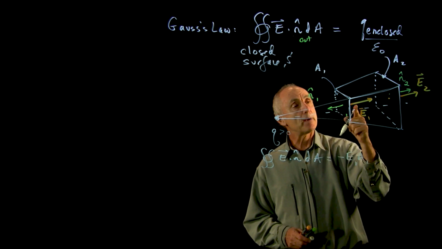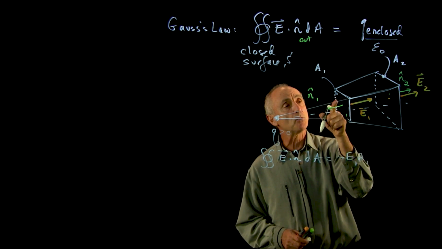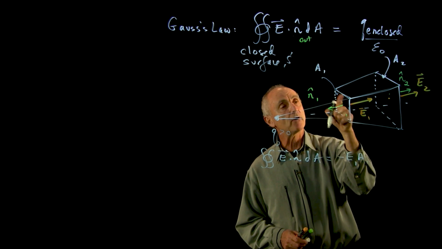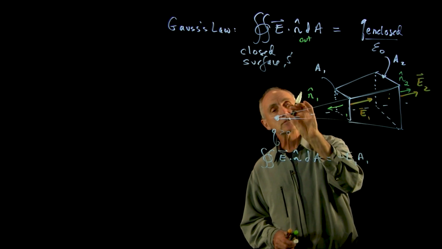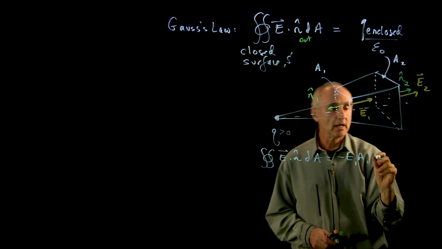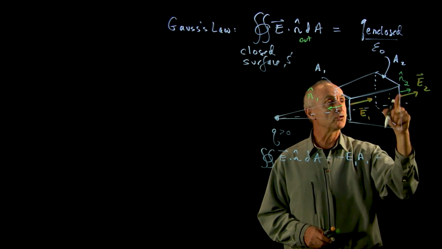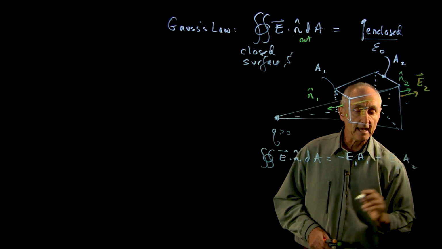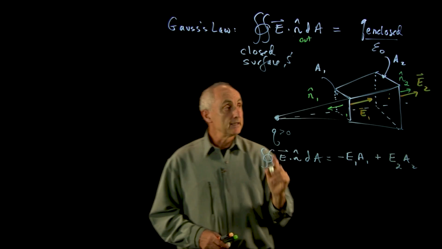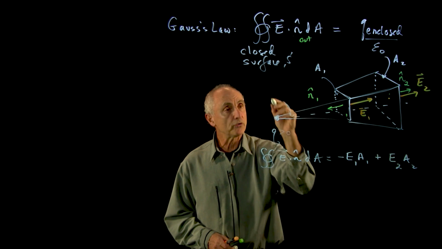And remember, E is pointing radially outward, so it's perpendicular. We're making this very small, so we're not worried about any deviations of E being non-uniform. This is a very small solid angle. And on the second one, both E and the unit normal are pointing in the same direction, so we have E2, A2.